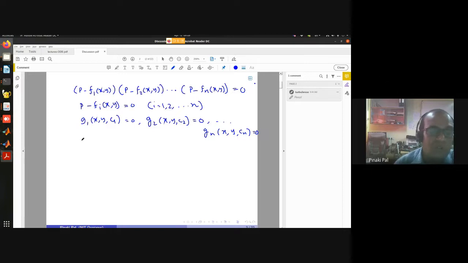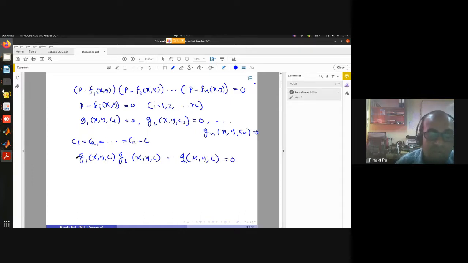So therefore, what we do, we write C1 is equal to C2 is equal to Cn equal to C, and take the solution in the form G1(x, y, c) G2(x, y, c) so on Gn(x, y, c) equal to 0.